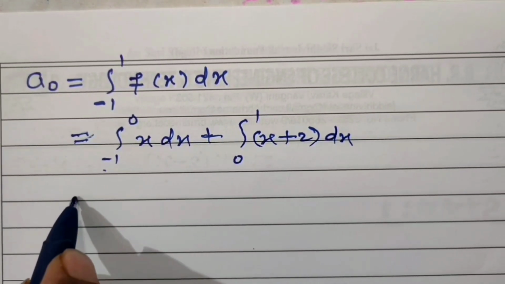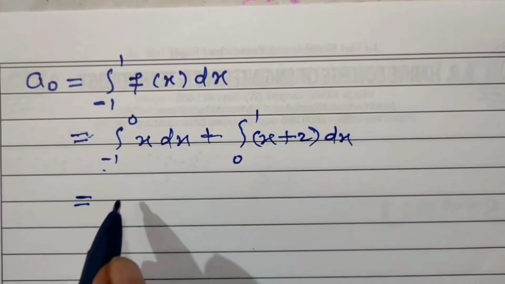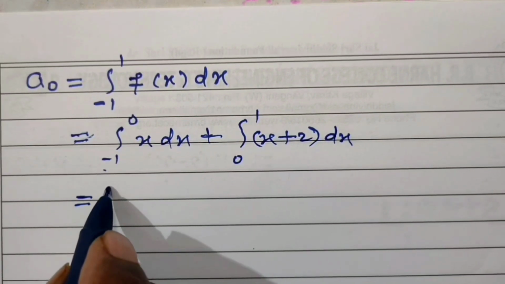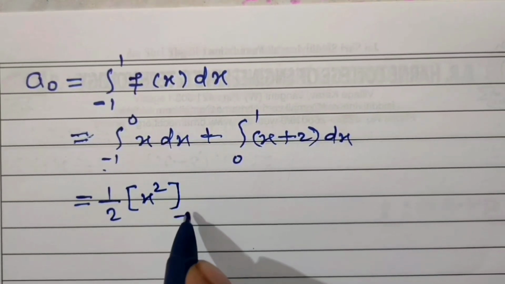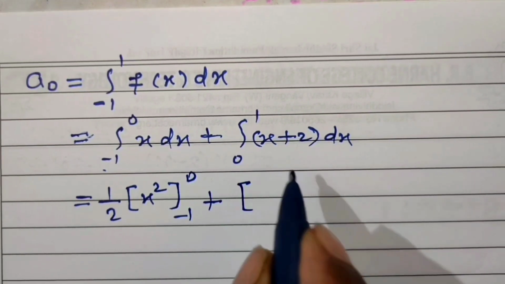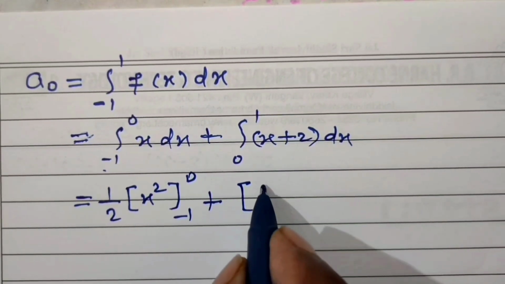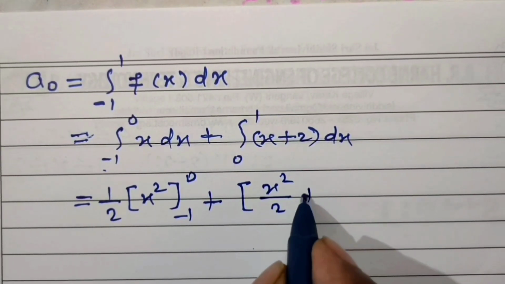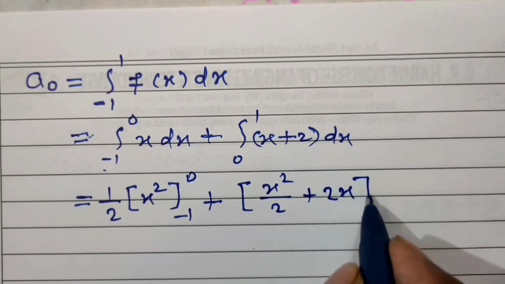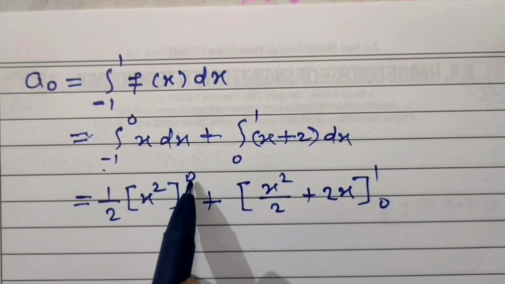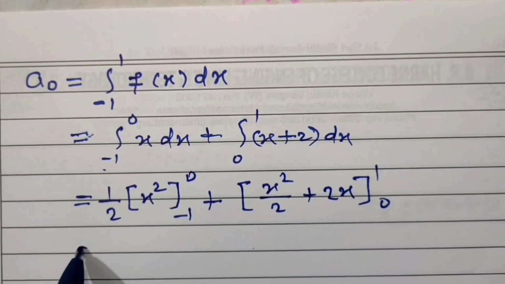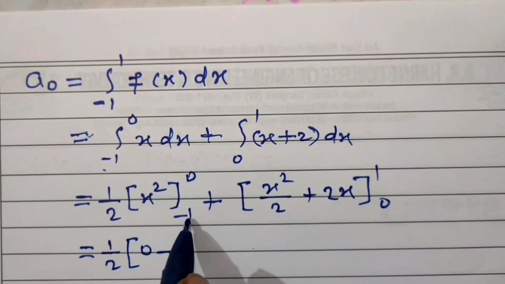So this is equal to integral of x is x square divided by 2. So 1 upon 2 x square, limits from -1 to 0, plus integral of x is x square divided by 2 plus integral of 2 is 2x, limits from 0 to 1. Now here first of all substitute upper limit 0 here, and that gives half 0 minus substitute lower limit -1.